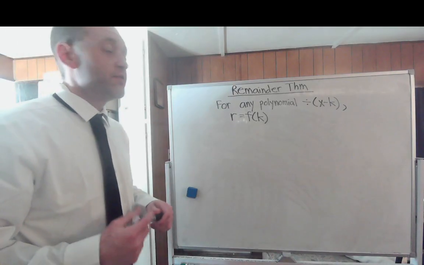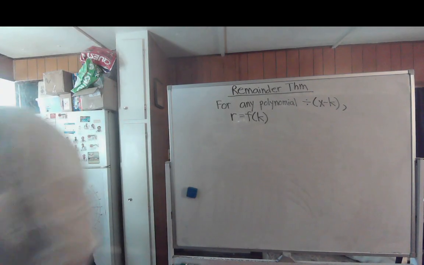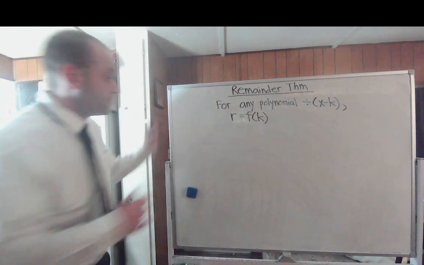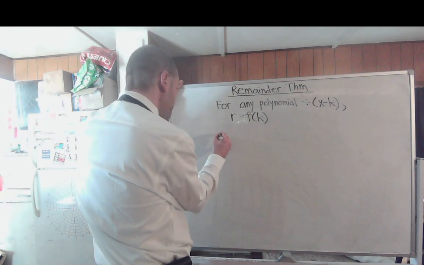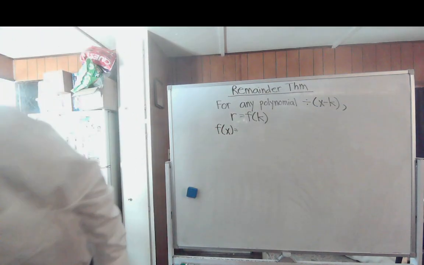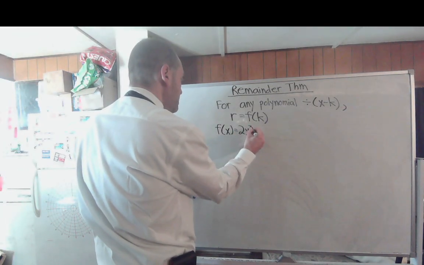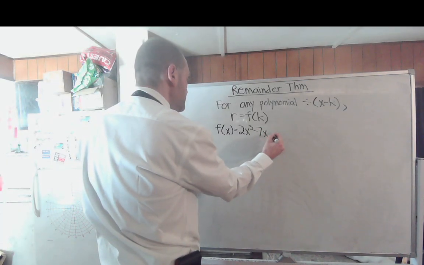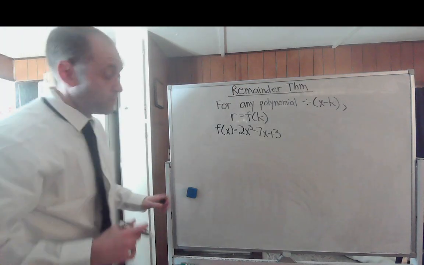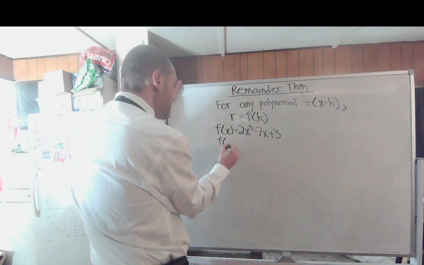So for example, let's say I'm given f of x equals 2x to the third minus 7x plus 3. Well, first and foremost, they would like for me to evaluate f of 1.